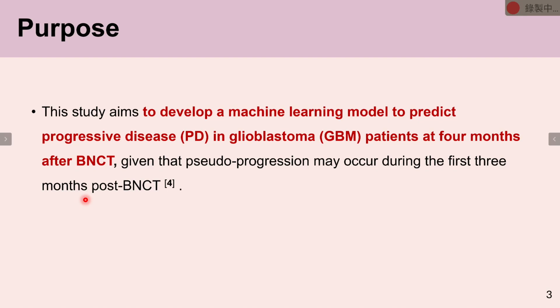So it might help to determine the true region of tumor. So maybe it is already helpful to determine the tumor response to BNCT. Maybe, but they are not confident. Yes.